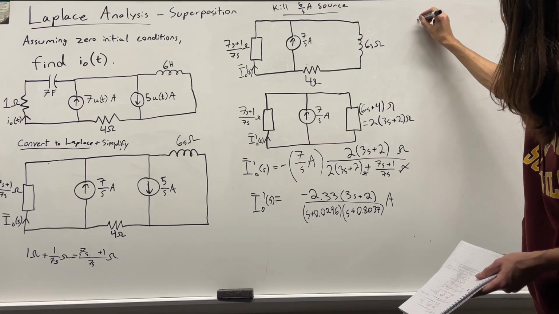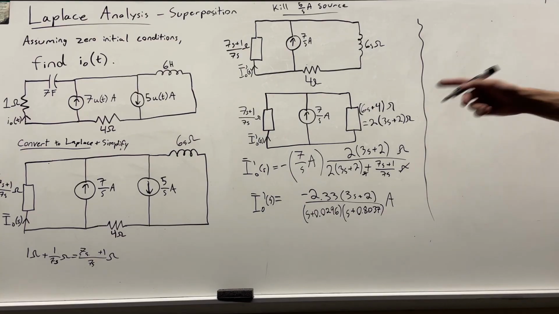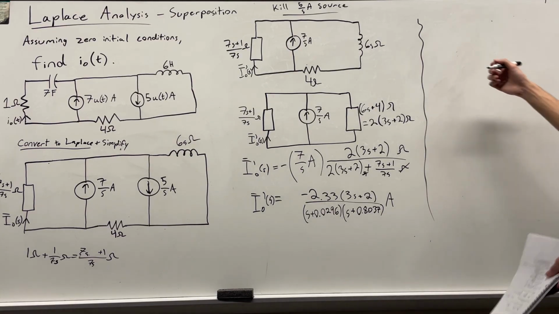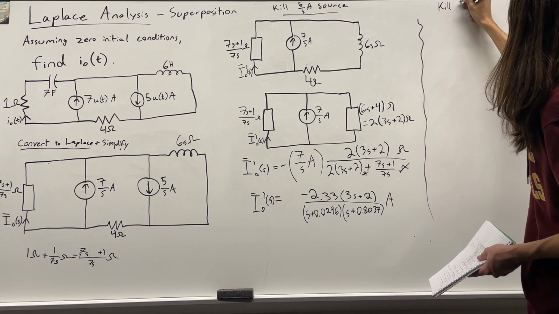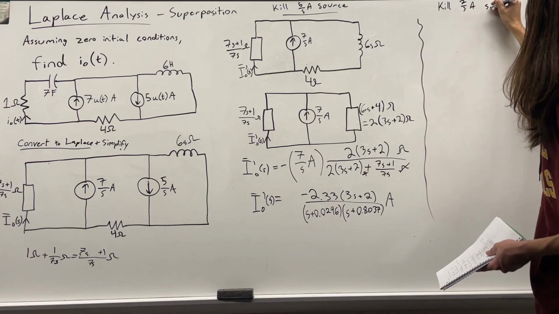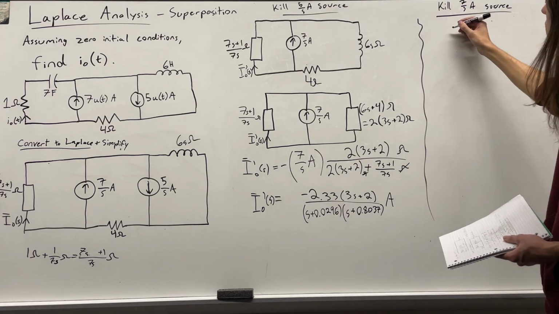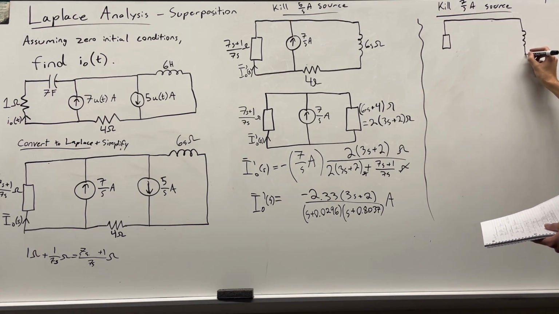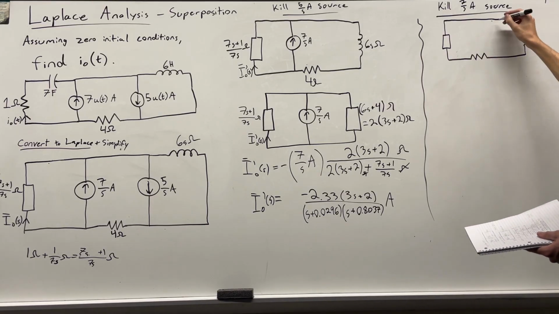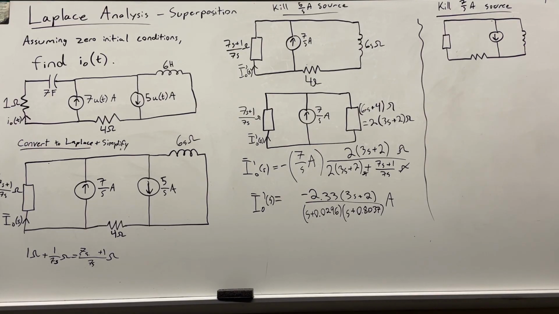So now we can go back to our original circuit, and we can kill the 7 over S amp source. And again, we'll replace that 7 over S amp current source by an open circuit.